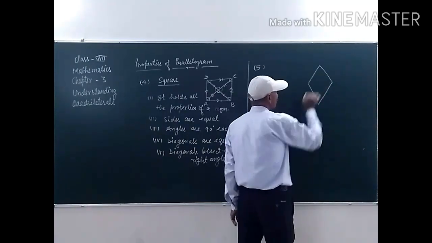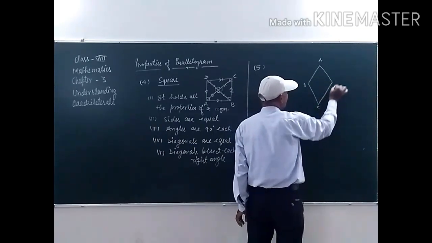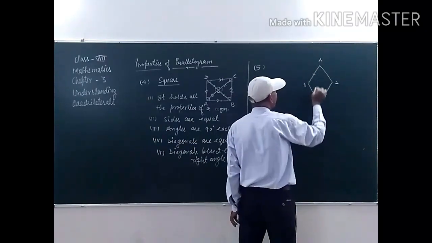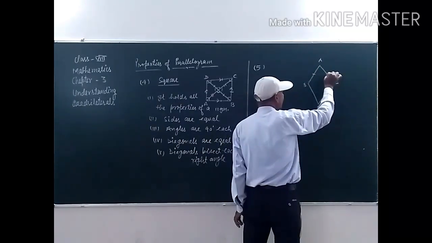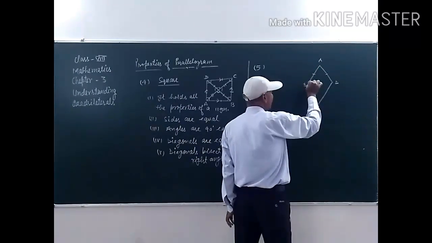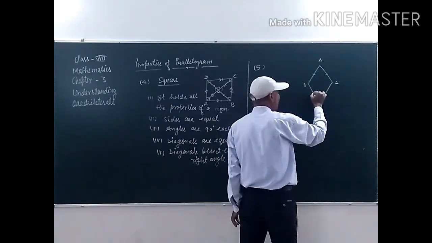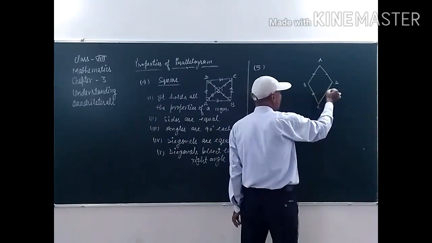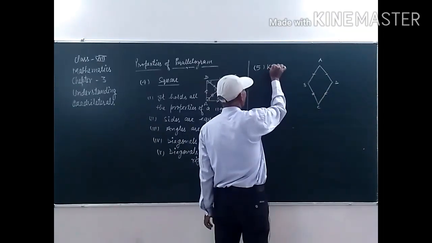In this figure ABCD, adjacent sides AB and AD are equal. And the next pair, BC equal to CD. This figure is kite.